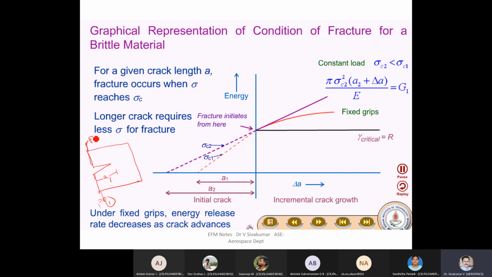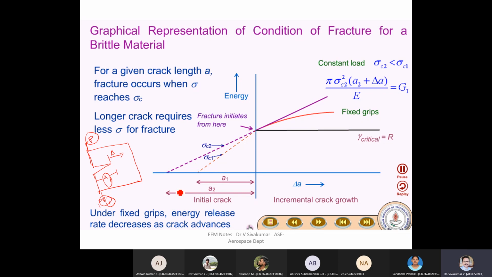If I apply a particular P, what will happen? The crack increment is supposed to start from here. Crack increment will not happen. Why? Because my crack length is small.